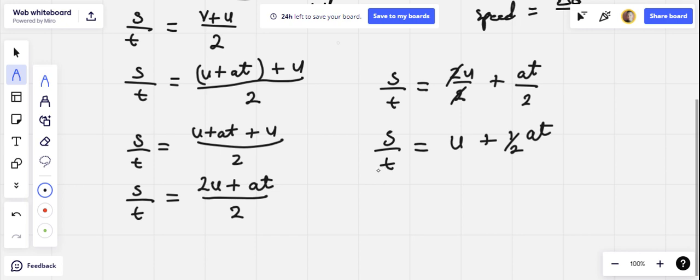So when you do cross multiplication, or you say make s the subject of the formula, what you now have is s equals t times everything on the right hand side. t times u plus t times at.